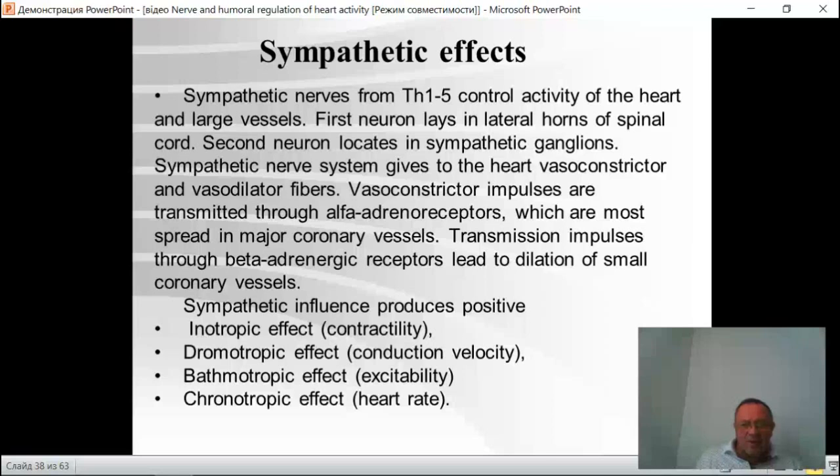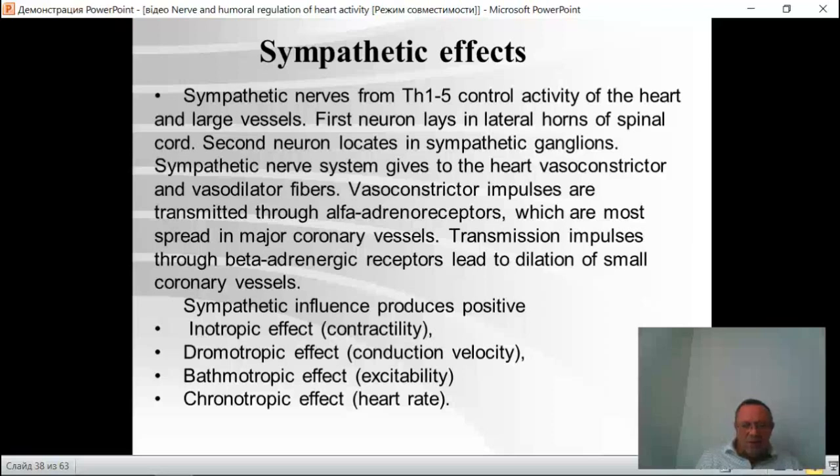Vasoconstrictor impulses are transmitted through alpha adrenoreceptors, which are more spread in major coronary vessels. Transmission of impulses through beta adrenergic receptors leads to dilation of small coronary vessels.